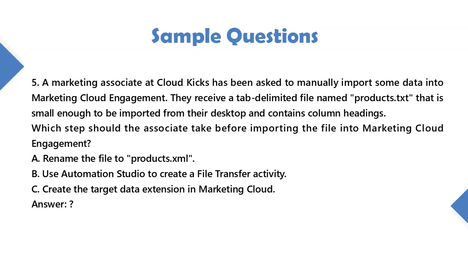Which step should the associate take before importing the file into Marketing Cloud Engagement? A. Rename the file to products.xml. B. Use Automation Studio to create a file transfer activity. C. Create the target data extension in Marketing Cloud.